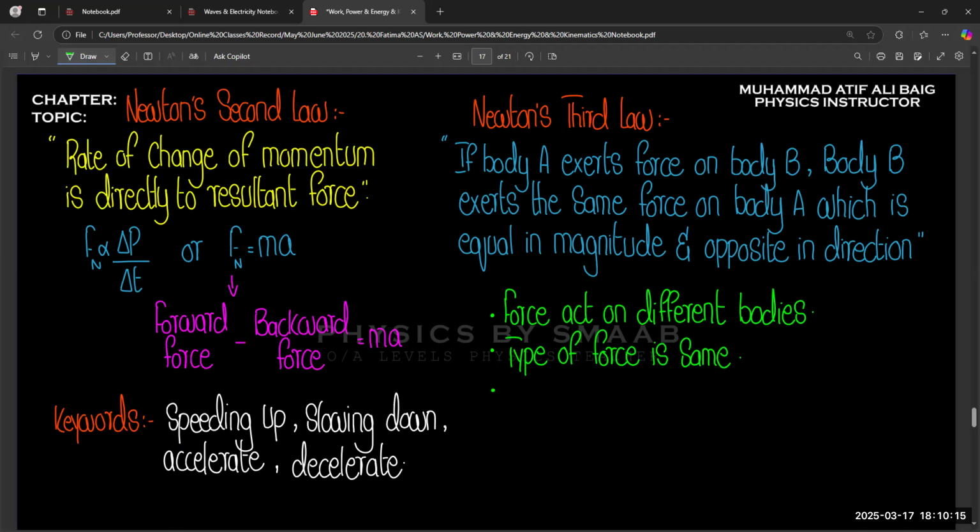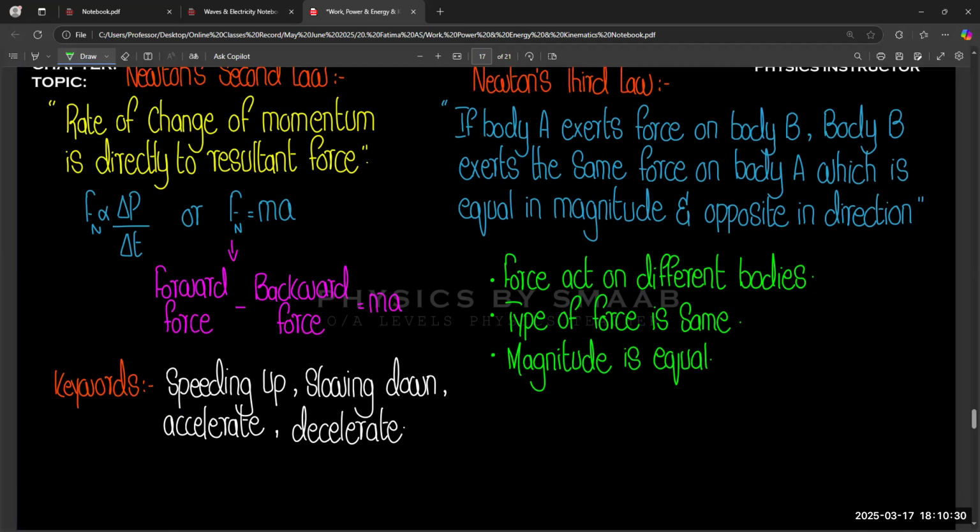And the third one is equal in magnitude and opposite in direction. So these are the important points we need to consider in Newton's third law, because in most of the examples we ignore these points.